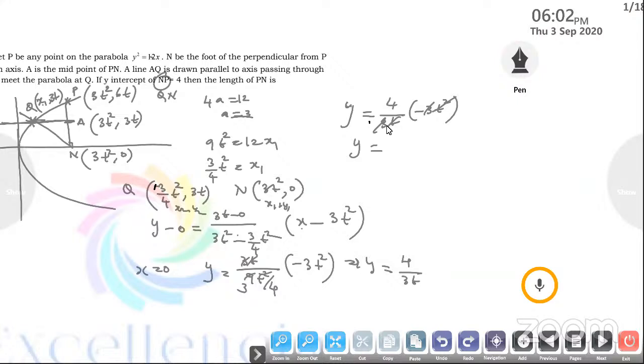We have 4t. So this is the y-intercept. Y-intercept is nothing but positive, so 4t is equal to 4, as given.